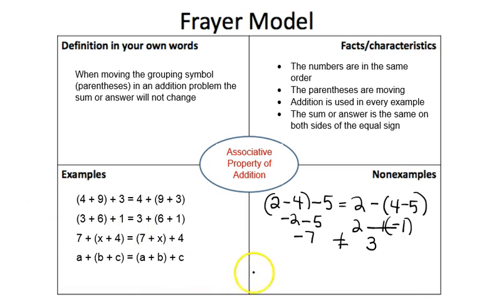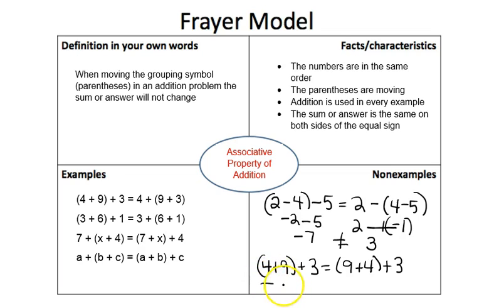Here's another non-example that sometimes confuses students. 4 plus 9 in parentheses plus 3 equals 9 plus 4 in parentheses plus 3. Notice our numbers have to be in the exact same order on both sides of the equal sign.